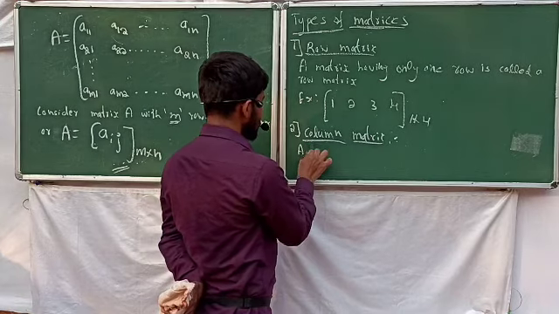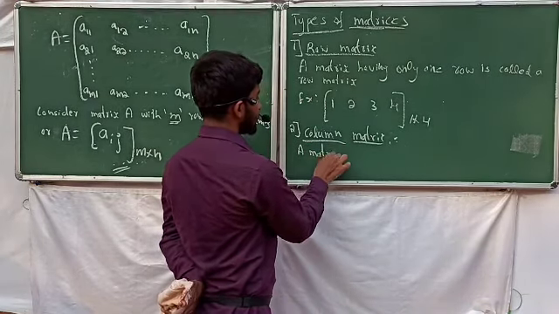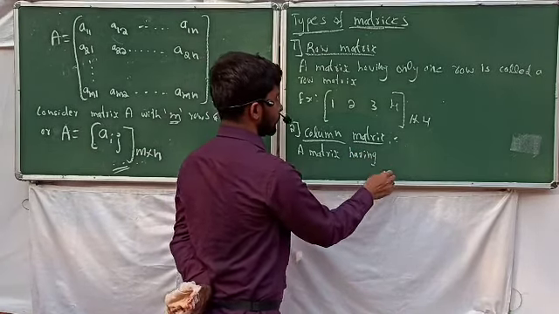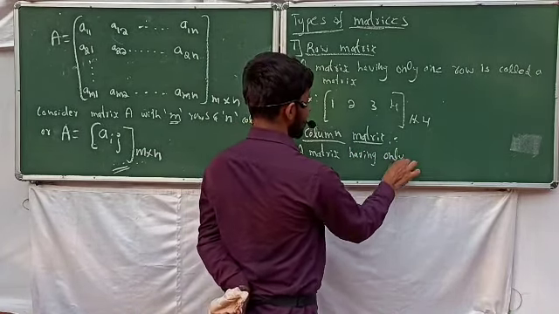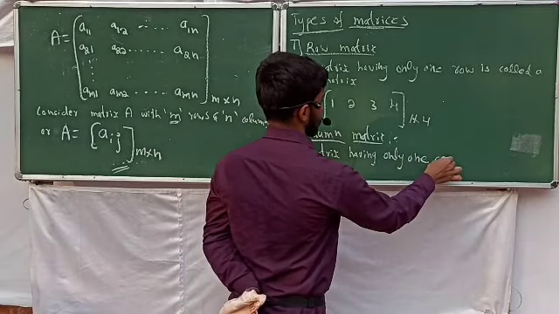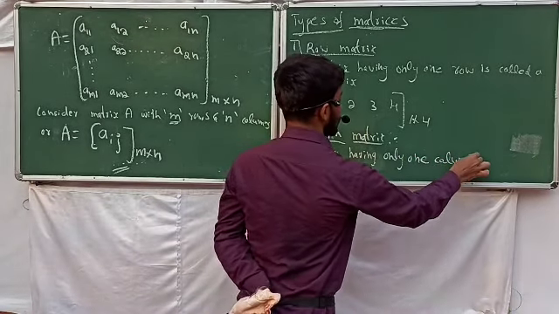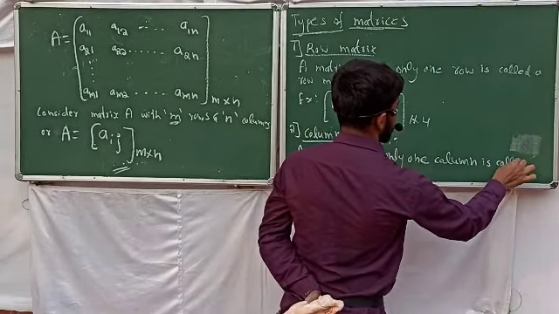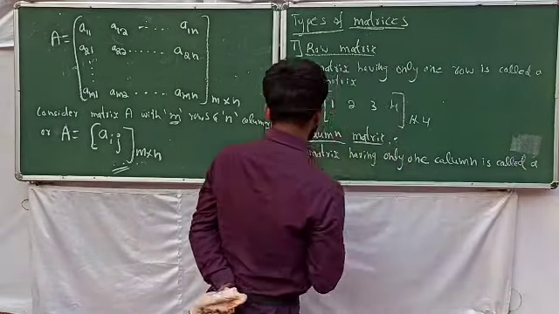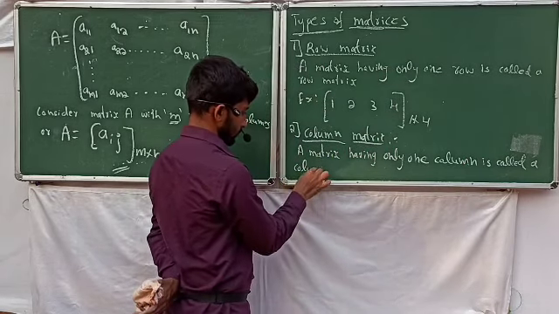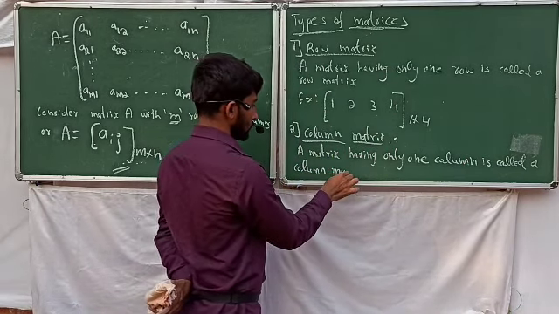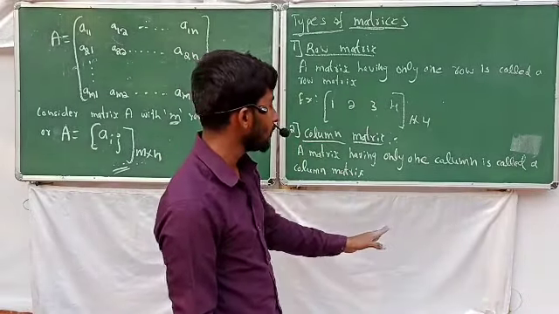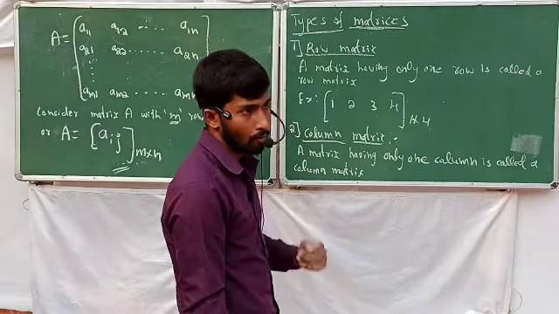A matrix having only one column is called a column matrix. If your matrix has only one column, the name of that matrix is column matrix.